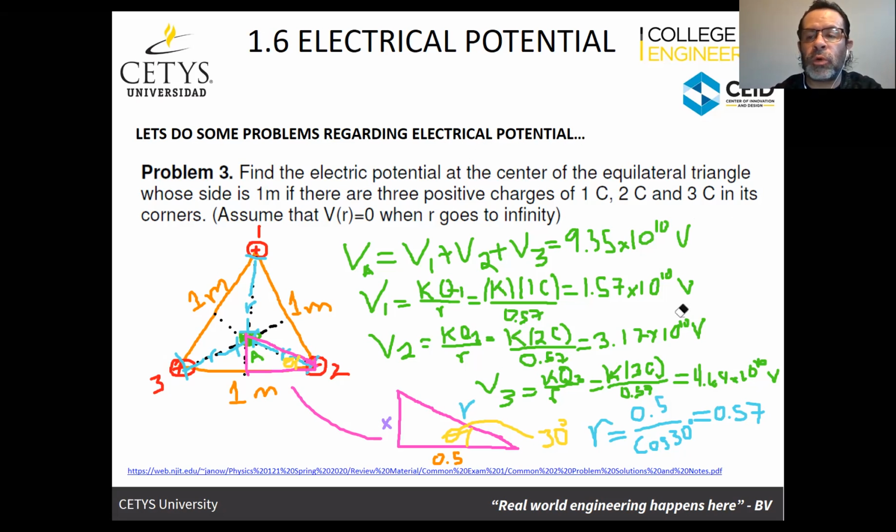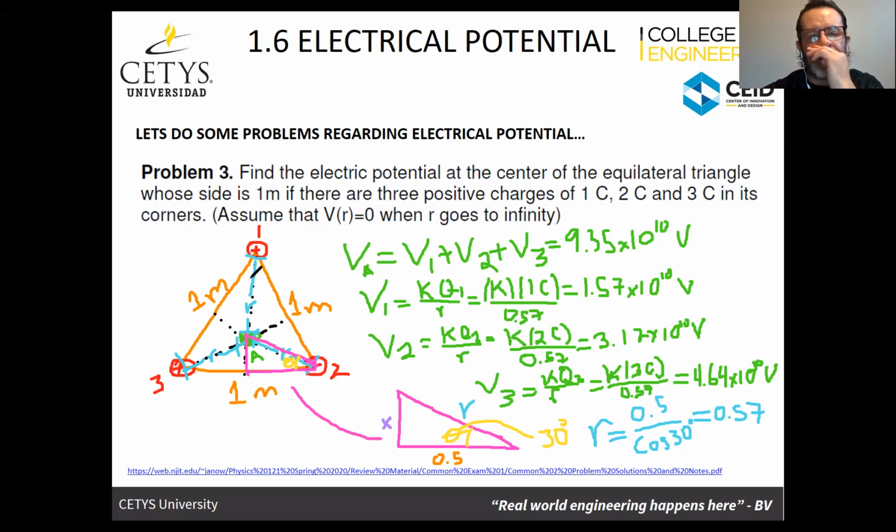Okay, and that would be the total potential that would occur in that middle point of the triangle. Meaning that if I wanted to move a charge and locate it at that point inside the triangle, due to those 3 charges, the energy I would need per unit charge to do that would be 9.35 times 10 to the 10 volts. It's a lot of energy to move the charge to that point, okay?